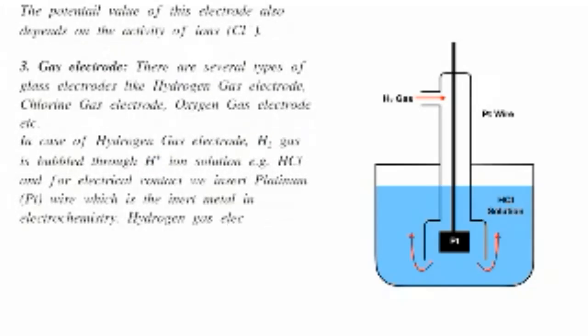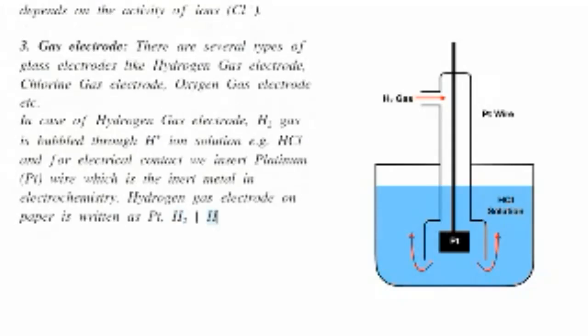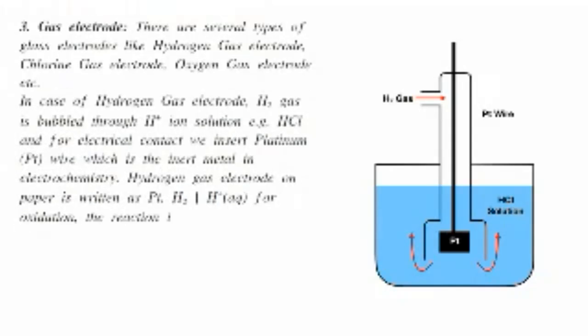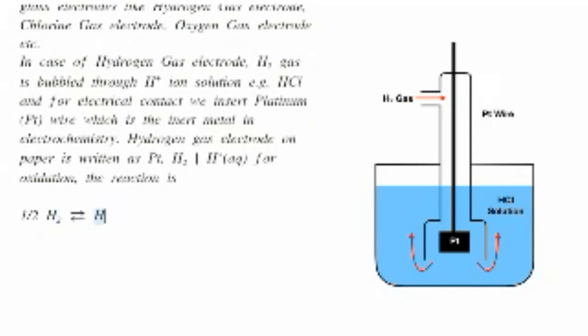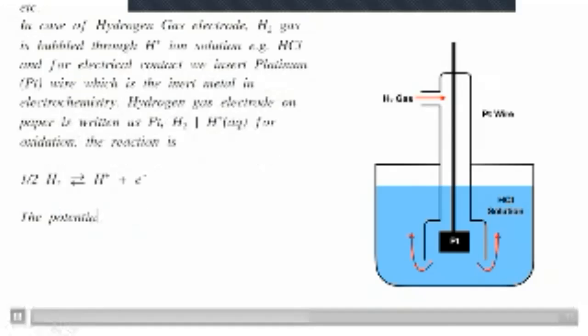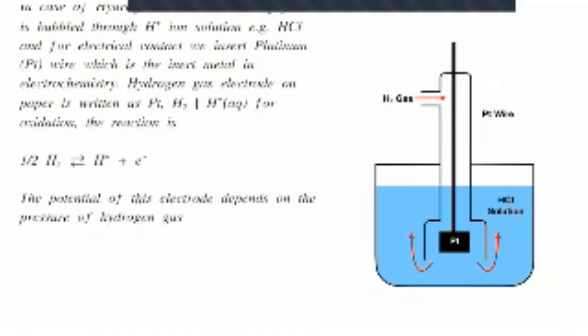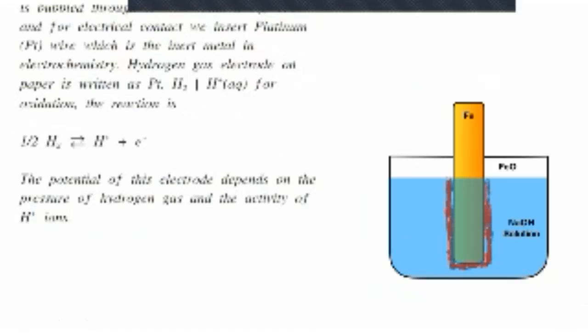On paper it is written as platinum and hydrogen in contact with H+ aqueous solution. For oxidation, the reaction is half H2 producing H+ ion and one electron is liberated. The potential of this electrode depends on the pressure of hydrogen gas and the activity of hydrogen ions.